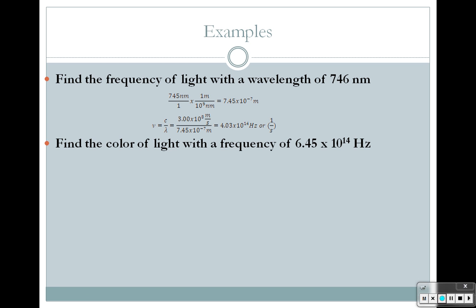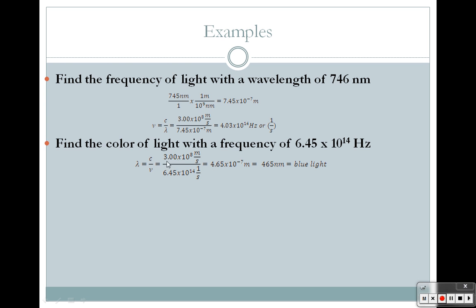Find the color of light now with the frequency 6.45 times 10 to the 14th hertz. So in order to do this, we're going to need to know the wavelength. So we need to change frequency to wavelength. In this case, we can use the equation lambda equals c over frequency, which is again simply rearranging the above equation.